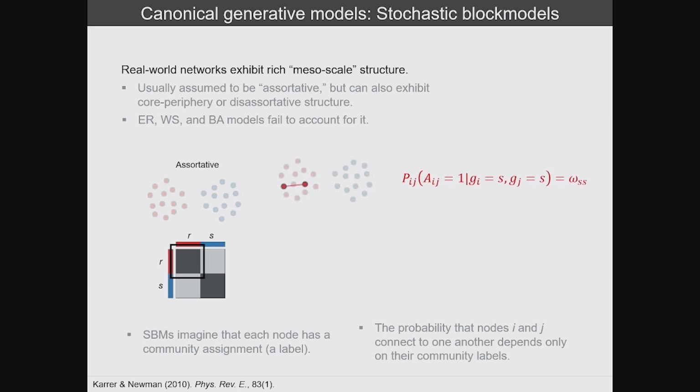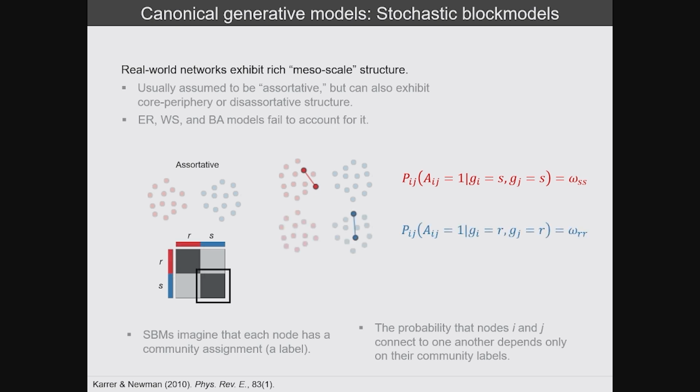And so for any pair of nodes, we can look up their labels. Here are two nodes that are labeled as in the red cluster. Their probability depends on, that should be omega RR, the density of connection, or the probability of two nodes with the red cluster label being connected to one another. It doesn't matter which pairs of red nodes we grab, they all have the same probability.